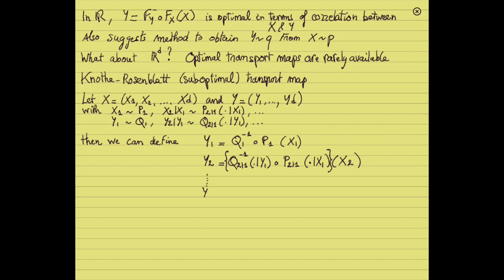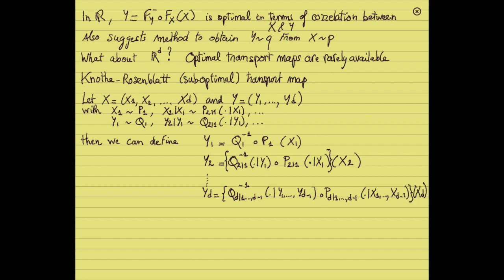And we can continue like that, writing yd, the last component in dimension d, in terms of inverse CDF and CDF transforms relating to the last conditional, so the conditional of the last component given all the previous ones, applied to the last component of x, xd.